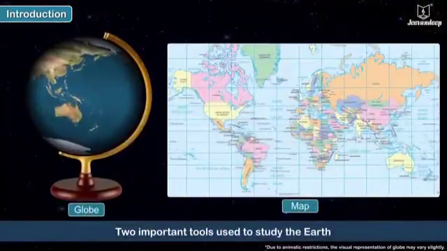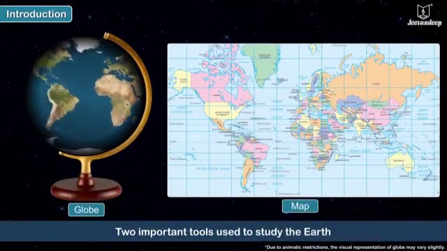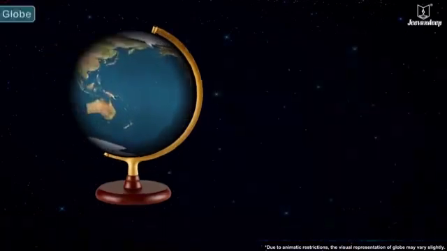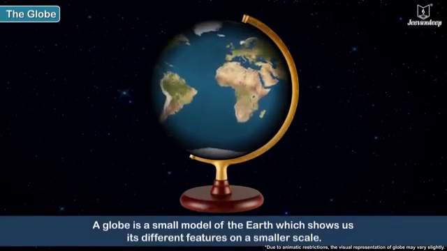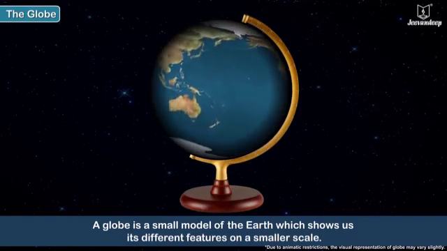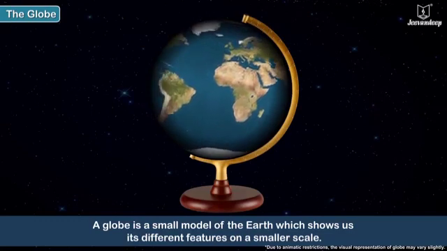Two important tools used to study the Earth are globes and maps. The globe. A globe is a small model of the Earth which shows us its different features on a smaller scale.